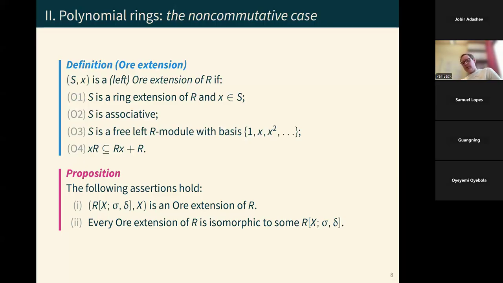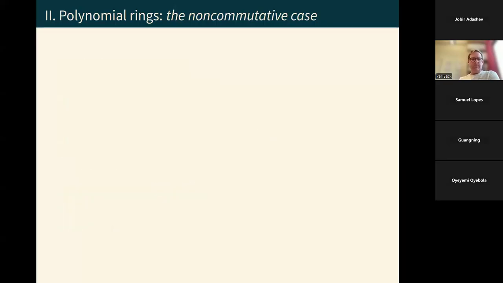So you have this nice correspondence: one definition tells you how to construct these rings, and the other, abstract definition tells you what these rings are.